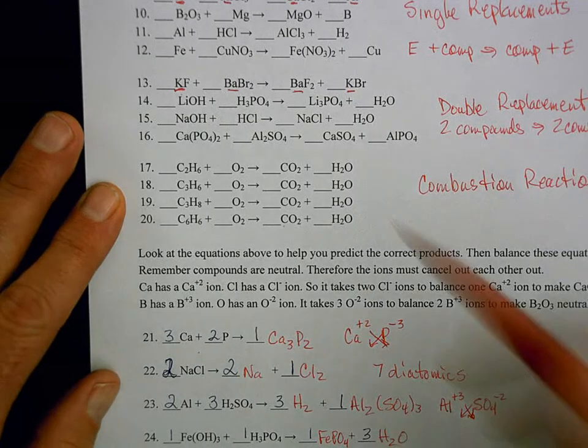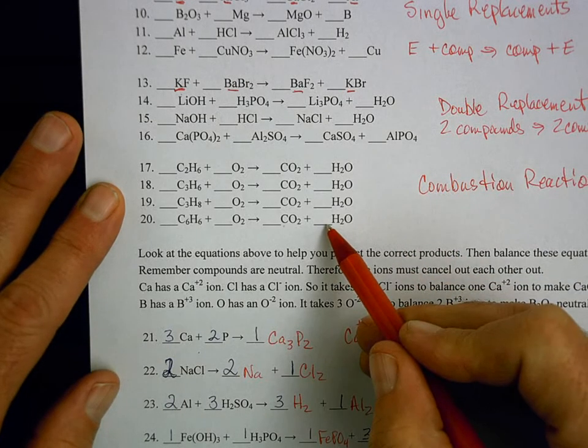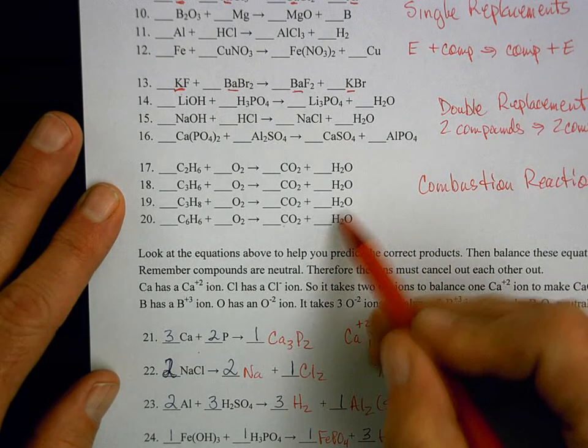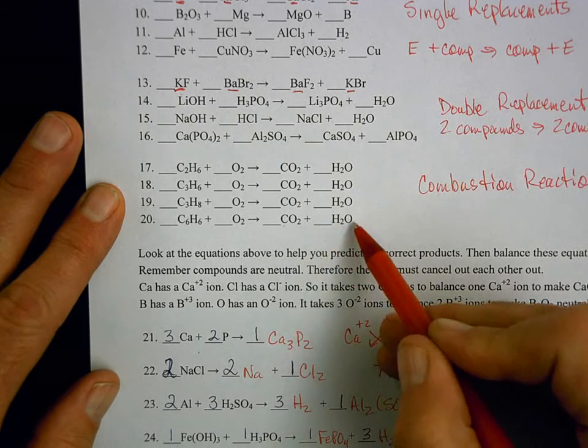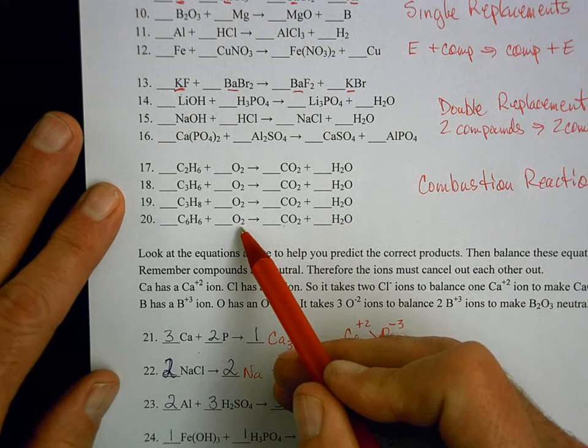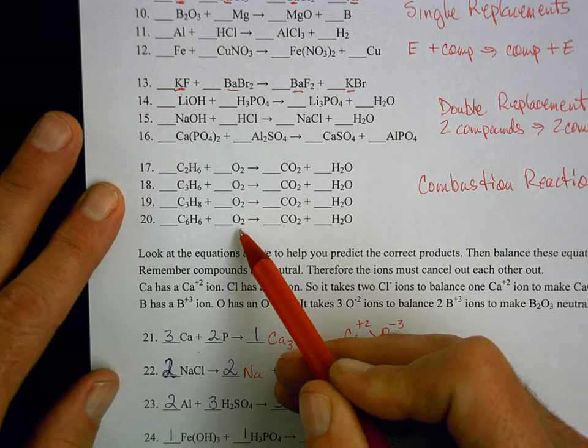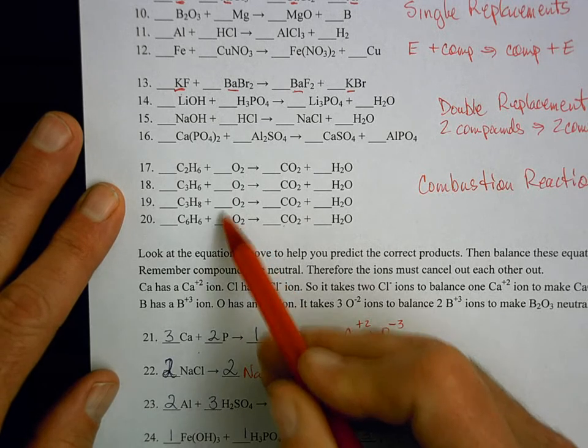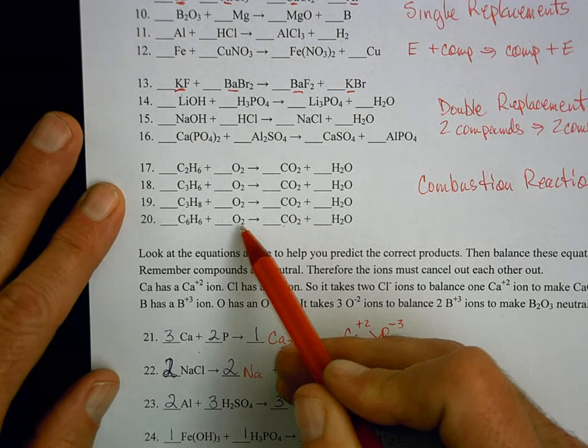The problem, of course, is putting an odd number here would mean I'd have an odd number of oxygens. A 3 would mean 3 oxygens right here. Well, over on the left, this is O2. O2 can never be an odd number because no matter what I put there, I'm going to double it, so it's going to be even.